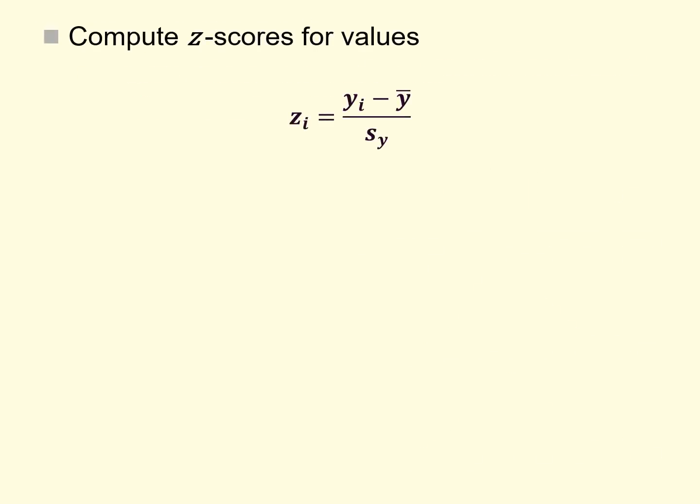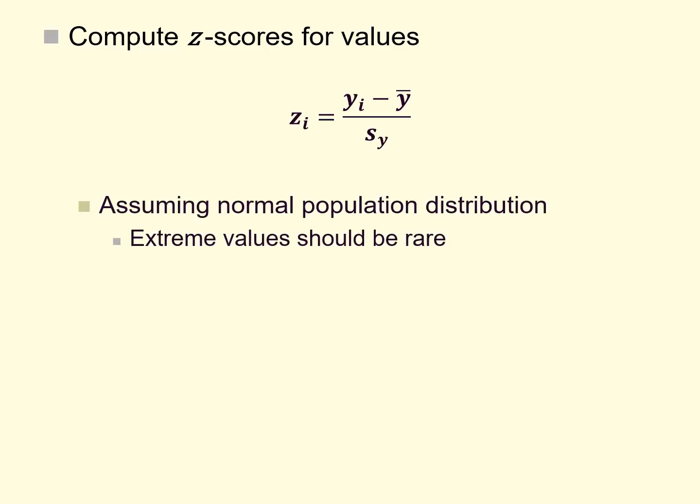A related thing we could do would be to compute z-scores for all the values of all the cases in our data set. So we could take each person's score on the variable that we're trying to predict, subtract the mean from it and divide by the standard deviation, giving us the familiar z-score for that person. And if we assume that we're sampling from a normally distributed population, we know that extreme values for z should be relatively rare.